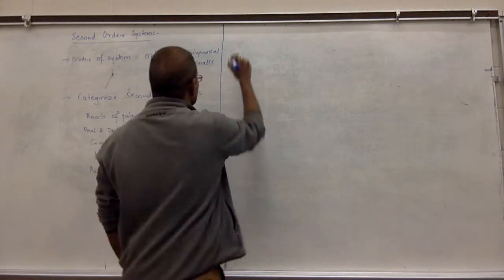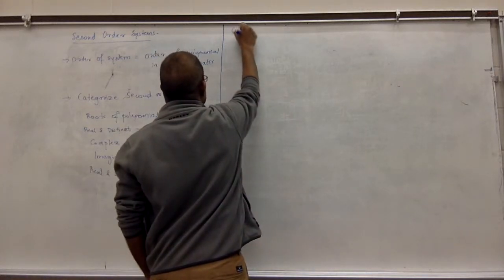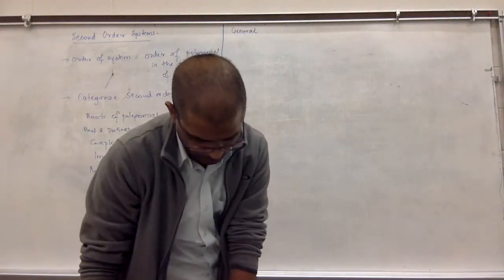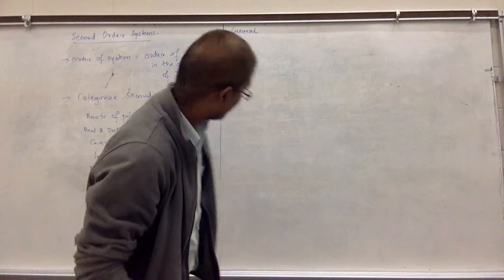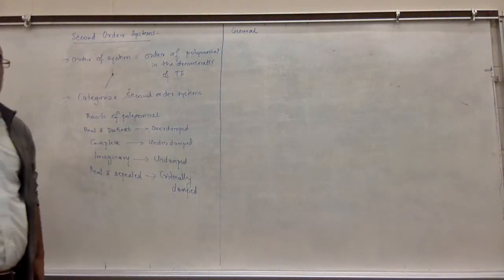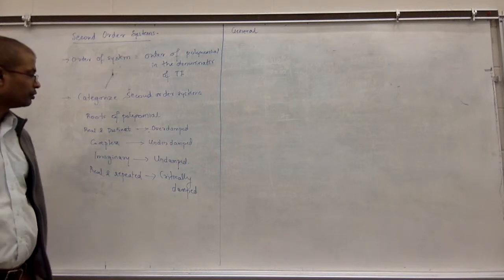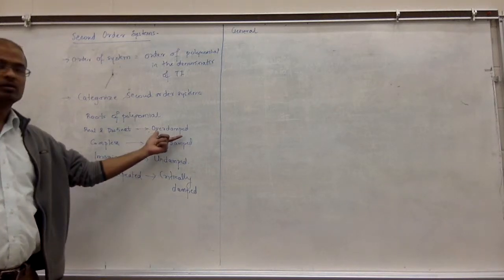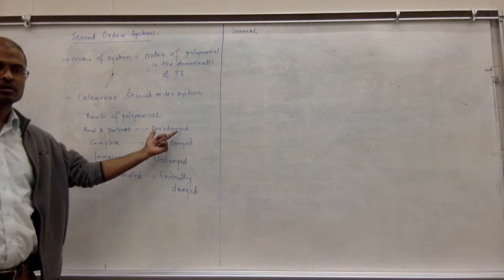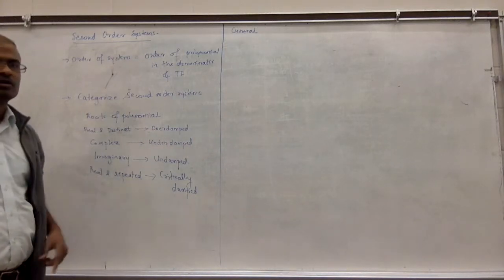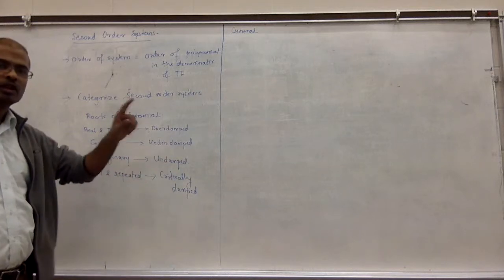Now let's look at the general. And for all these types of systems, we have also looked at the responses. If you just go back and look into your notes. Overdamped, the response is very slow. Underdamped, you will have oscillations. Undamped, infinite oscillations.